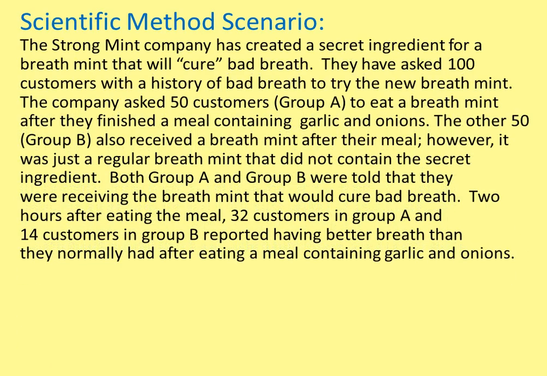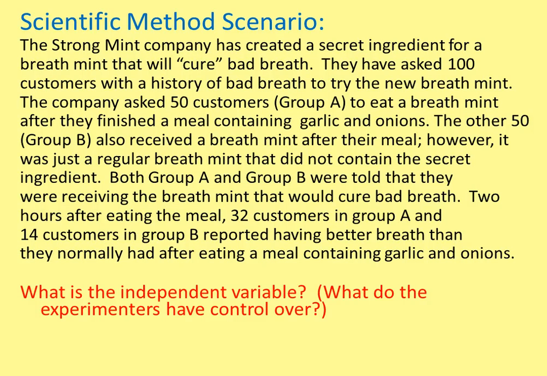So if we look at the same scenario again, we can ask ourselves, what is the independent variable? What do the experimenters actually change? And the independent variable here is the secret ingredient. The experimenters are changing that some people got the secret ingredient, some people did not get the secret ingredient.